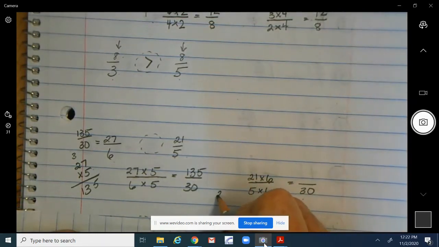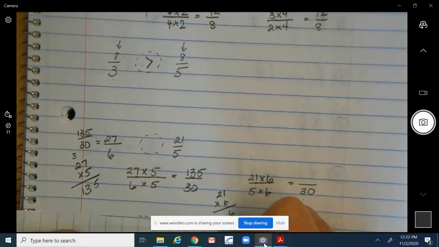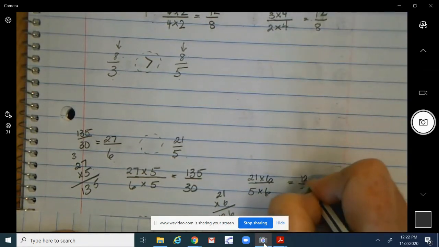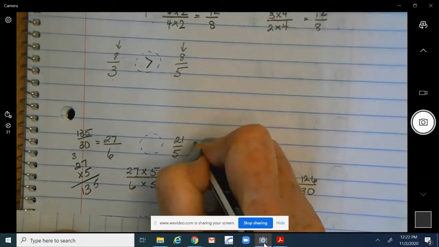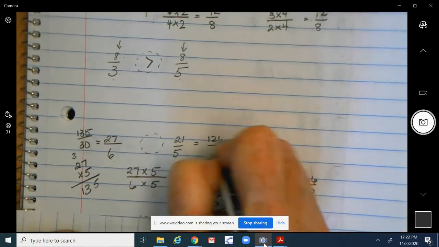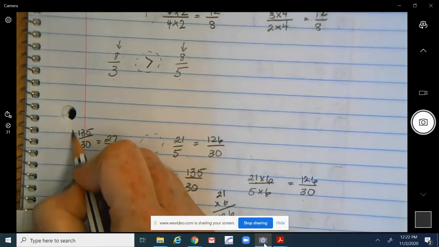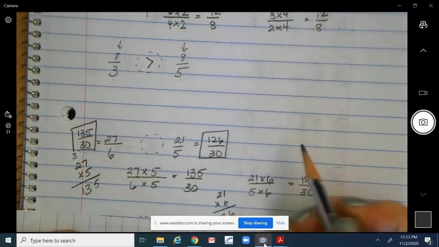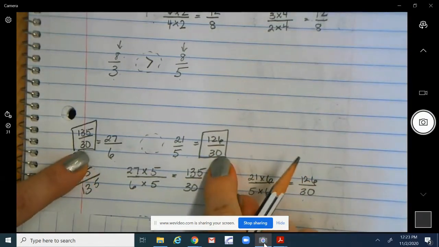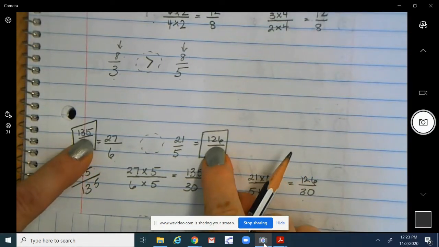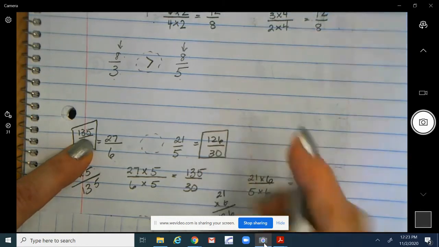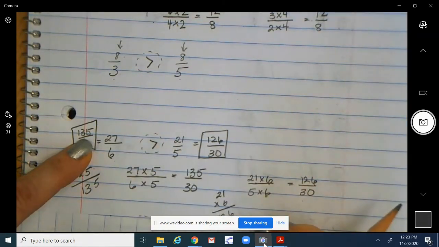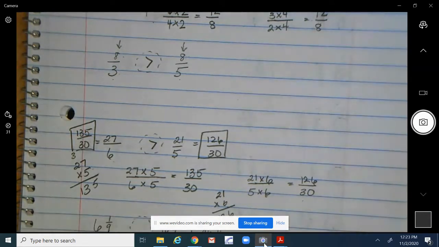Come off to the side and say 21 times 6 is what? That's 126. 126/30. I'm going to put that back up here. And now I'm comparing 135/30 and 126/30. If my denominators are the same, look at my numerators. The larger the numerator, the larger the fraction.